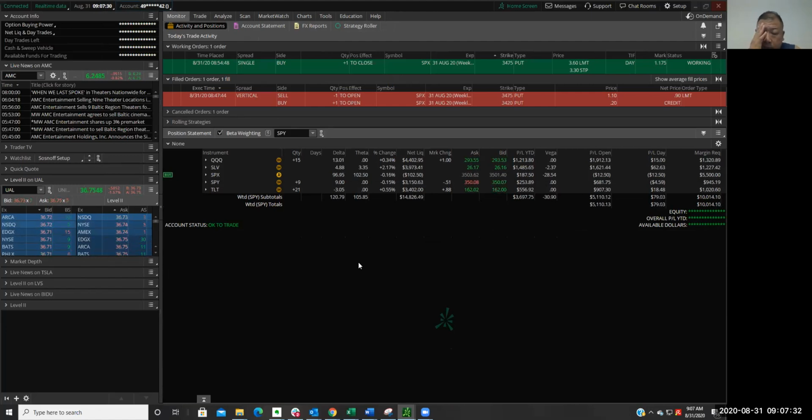So typically there's a little more skew on the put side, which basically means I think the fear in this market is more to the downside than it is to the upside, because puts tend to be insurance against people who are afraid of the market going down. So that's the reason I have to go 50 points wide on the put side, because those wings that I'm buying tend to hold their value.